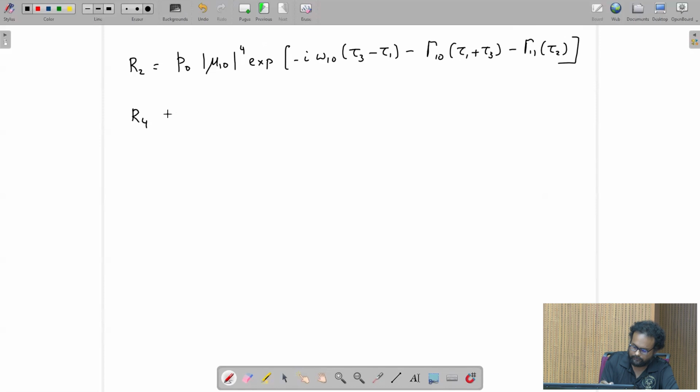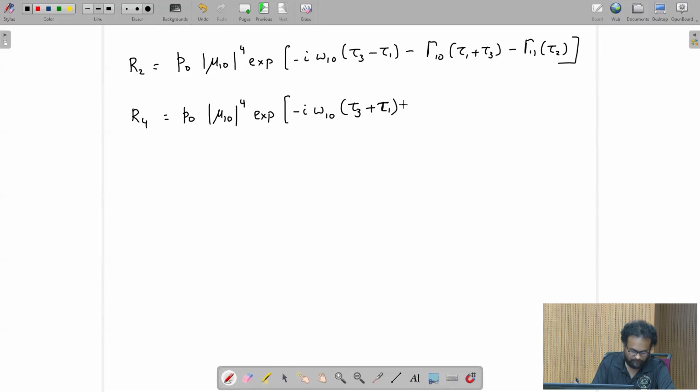And R4: my notes have derived this, so I can go back and check this, no need to worry. Exponential of minus i omega_10 (tau 3 plus tau 1) minus gamma_10 (tau 1 plus tau 3) minus gamma_1 tau 2.